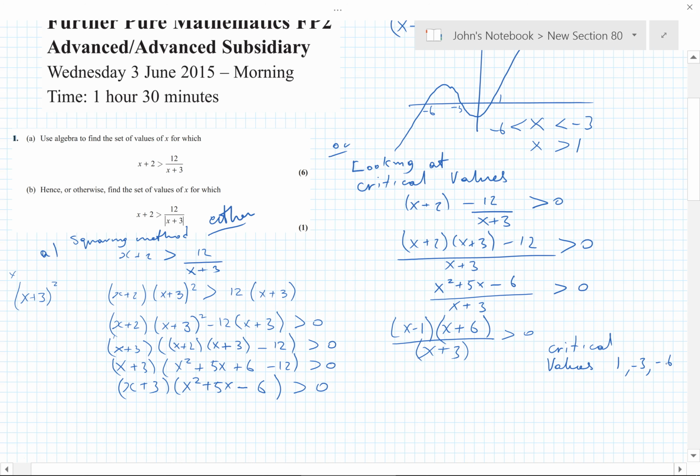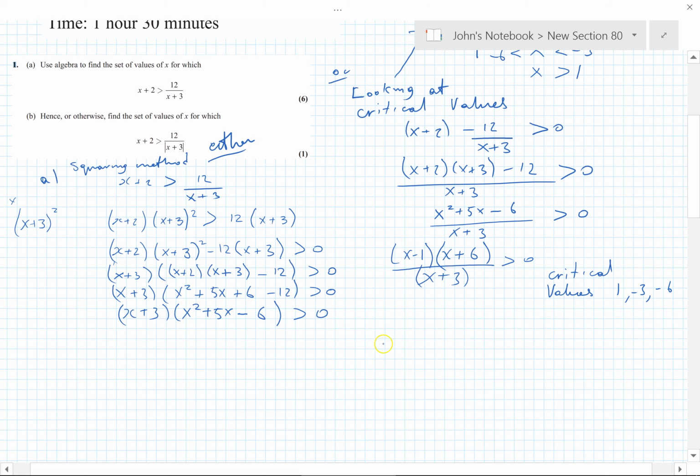Okay, so let's look at the regions that we could be looking at. If x is less than minus 6, x is greater than minus 6 but less than minus 3, x is greater than minus 3 but less than 1, and x is greater than 1, we can look at all of these four.